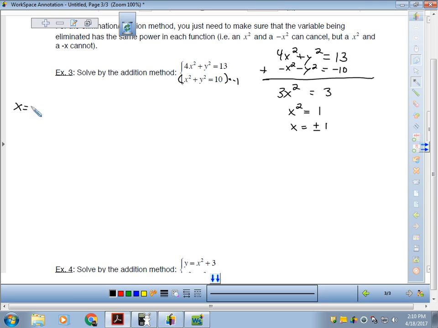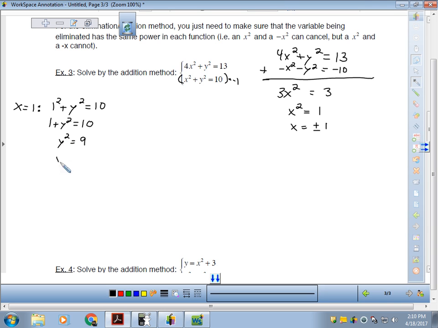So let's check what happens when x is +1. We're going to take 1 and plug it into either of these original equations. I'm going to plug it into the bottom one because it's a little bit simpler. So 1 squared plus y squared equals 10. So 1 plus y squared equals 10. Move the 1 over, y squared equals 9.